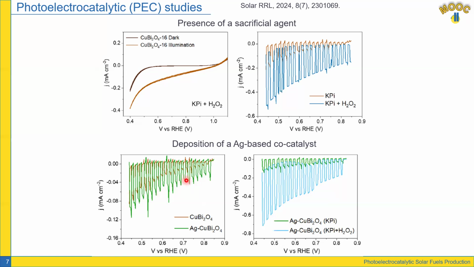So if we now do both things, so we do this same experiment in the presence of potassium phosphate plus the hydrogen peroxide, now we can see that we're really able to improve the photocurrent density and also to reduce the surface recombination by using the sacrificial agent and also the co-catalyst. Usually these kinds of experiments are employed to try to understand a bit more the mechanisms inside the photoelectrocatalysis of your semiconductors.